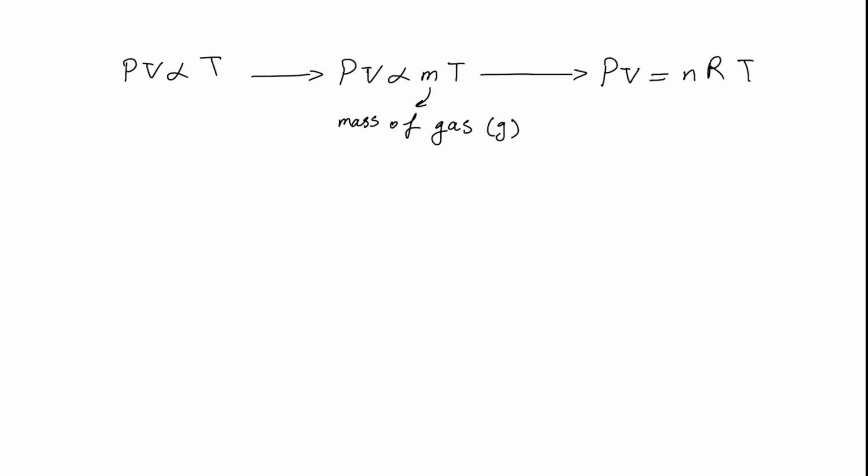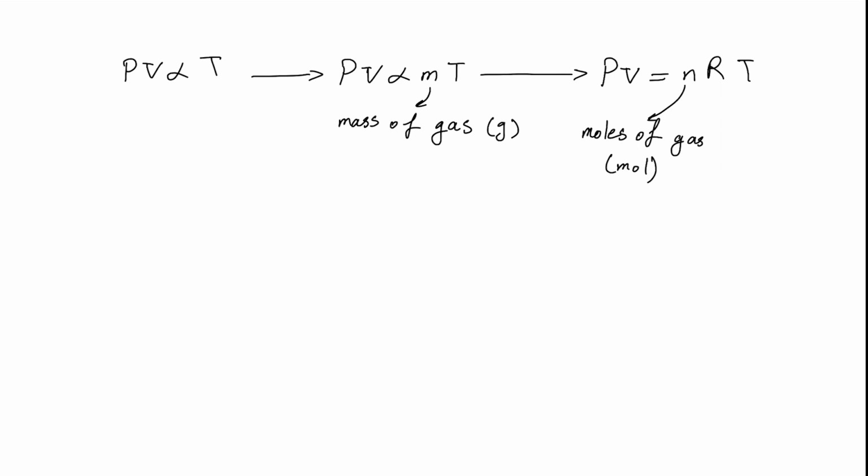This time, it is important to note that this is equal. Okay, this is equal, so we need to pay attention. Not like this, not proportional, right? So n is the moles of gas, so of course it will be in moles.